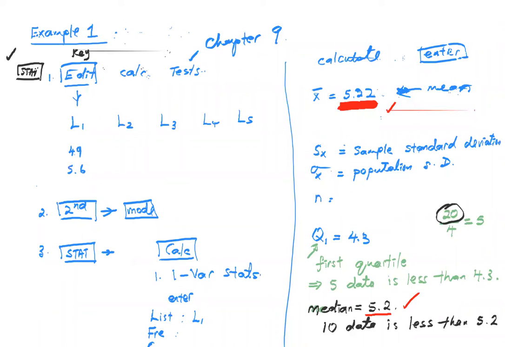Do you get me? So that is how you interpret. That's why when people didn't give you the raw data, but they give you the mean and the median, the purpose is from there, you can interpret how the distribution looks like. Are you clear?